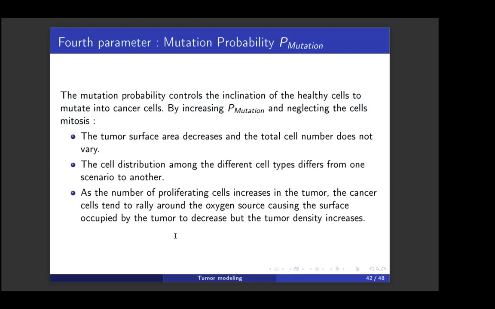As the number of proliferating cells increases in the tumor, the cells tend to be around the oxygen source, which causes the surface occupied by the tumor to decrease, but the tumor density increases.